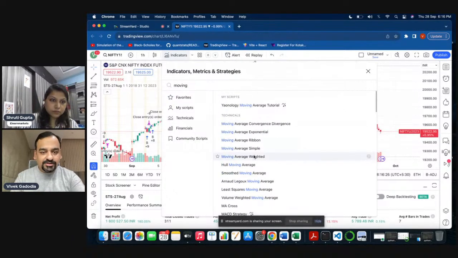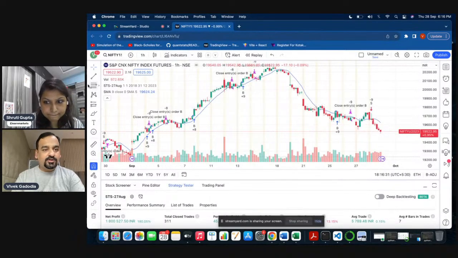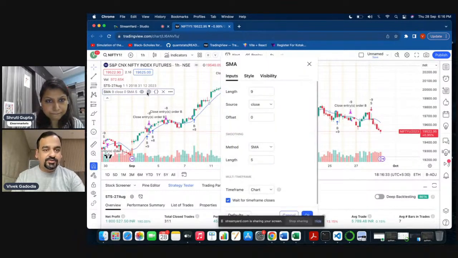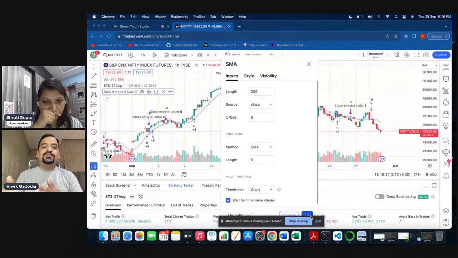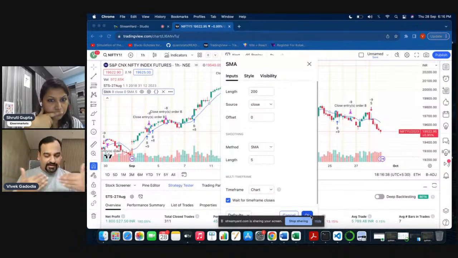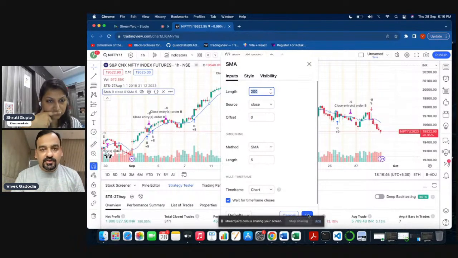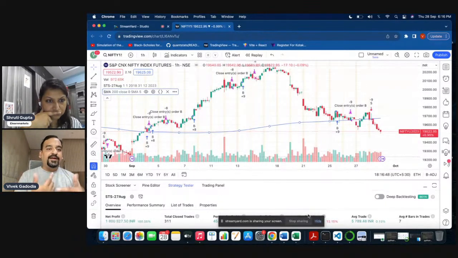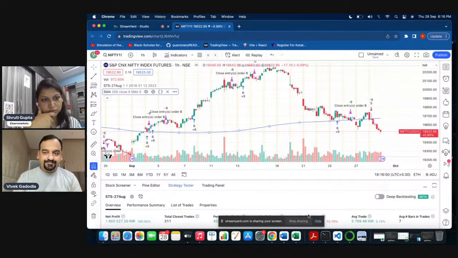Here we use a 200-period moving average, SMA 200. Like how I was explaining the RSI 50 line as the filter for the trend on the daily, here we are using a 200-hour moving average as the trend decider.